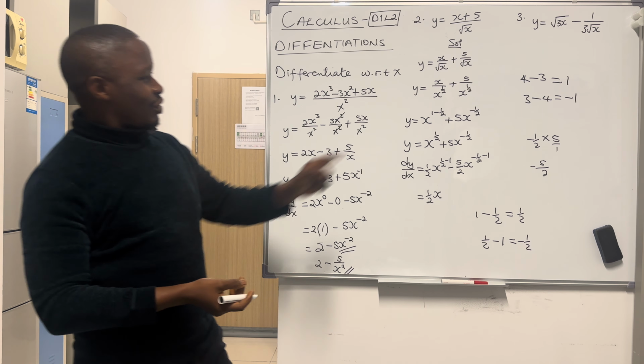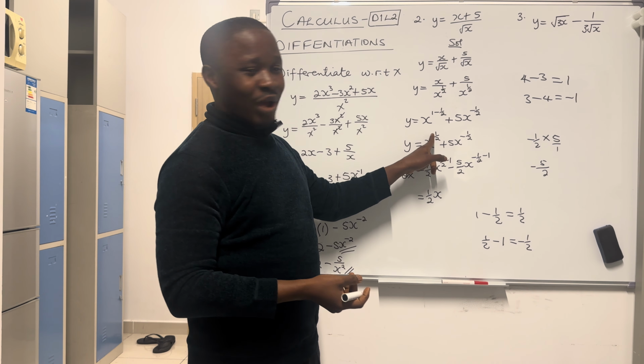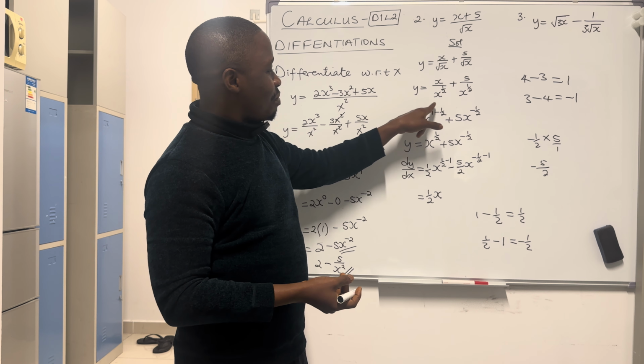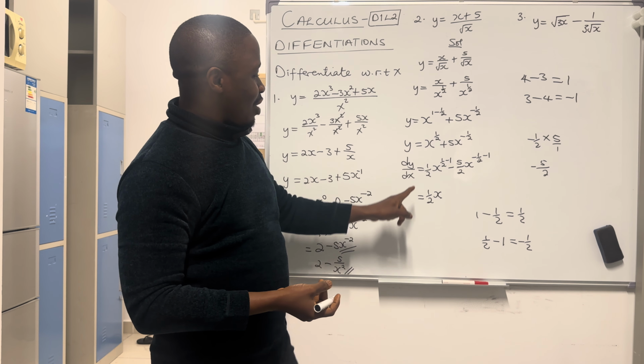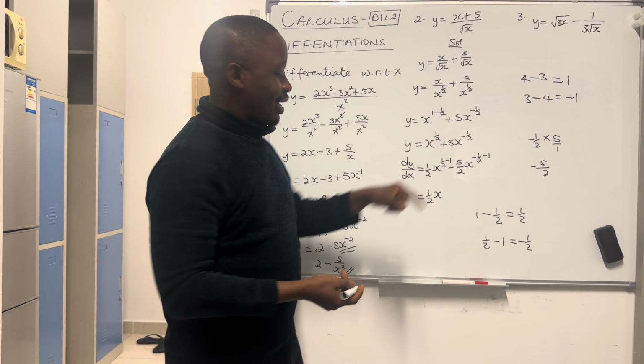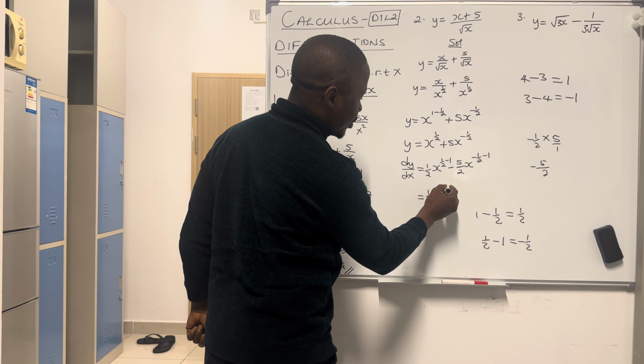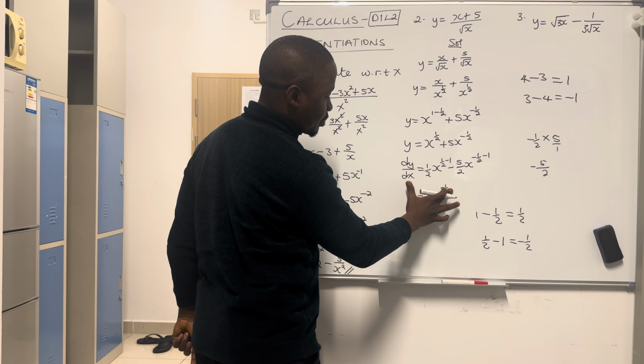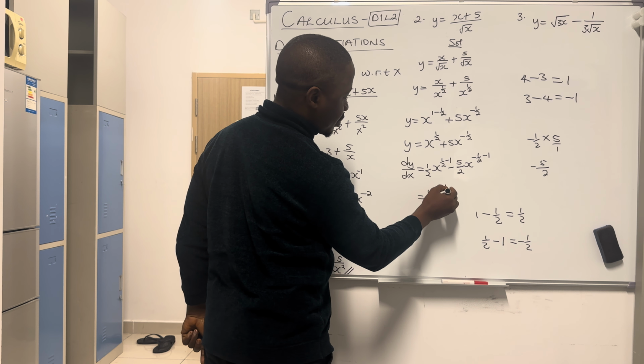Remember, 1 minus half is half because it is bigger minus smaller. Now, smaller minus bigger, so we say minus half. Minus 5 over 2 x.